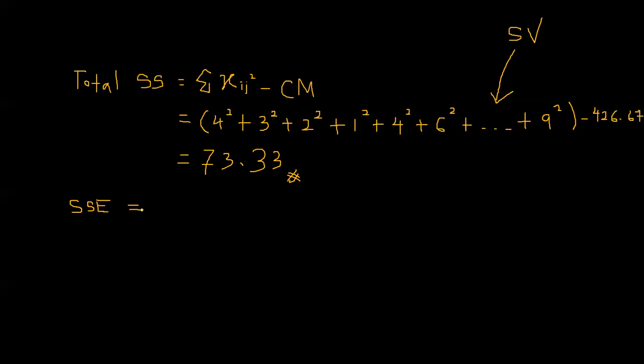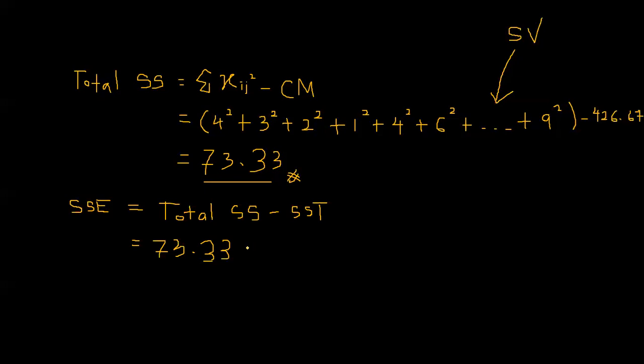So to get SSE, the total SS should minus with SST. So what is the value of total SS that you got? That is 73.33.